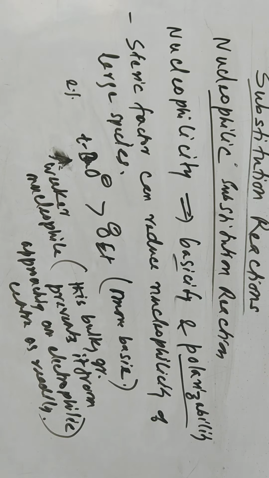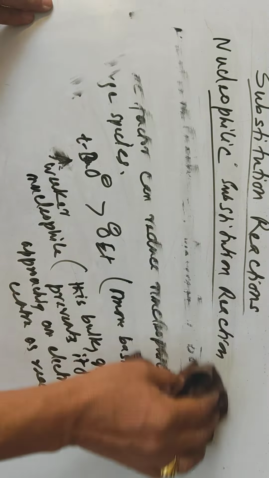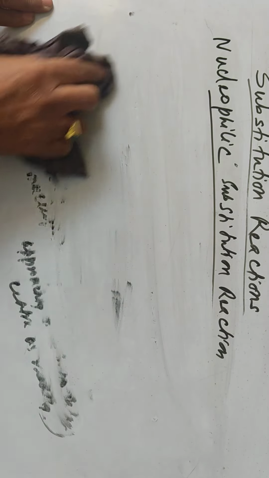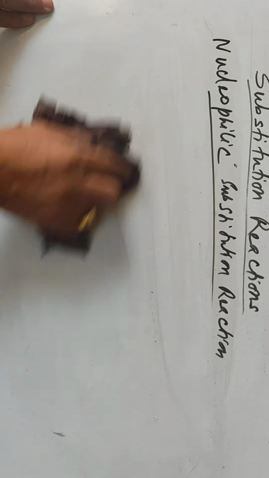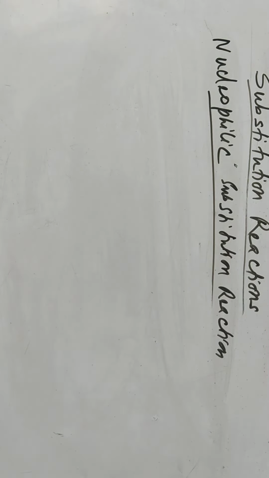And leaving groups should be attached to an sp3 hybridized carbon. We have also discussed this earlier: leaving groups should be attached to an sp3 saturated carbon. Vinyl and aryl halides do not undergo nucleophilic substitution under normal conditions.